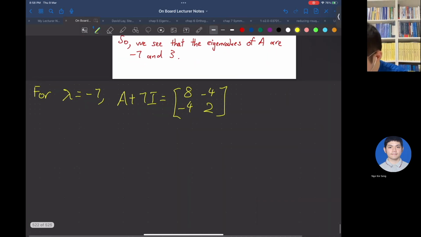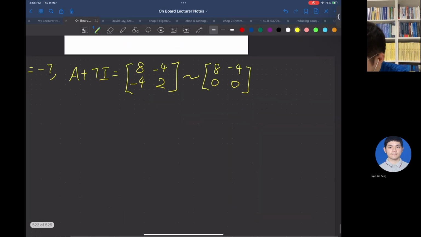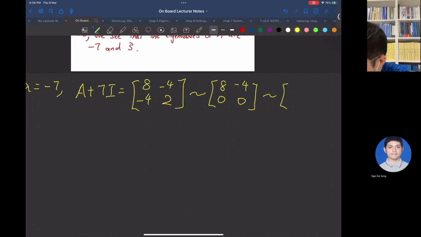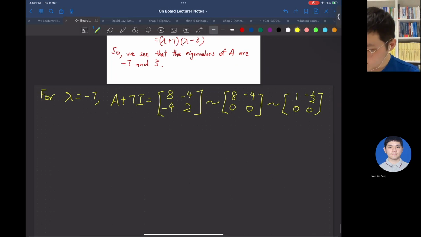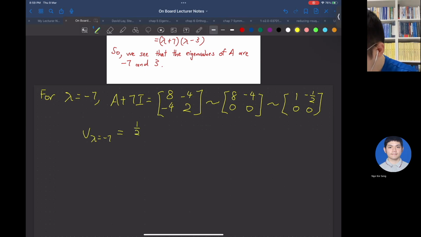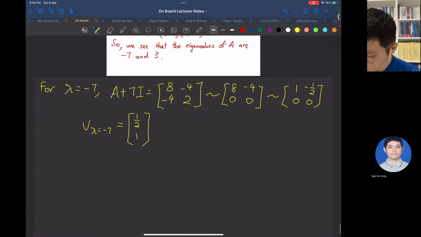Then we'll try to row reduce this, which we then get 8, minus 4 and 0, 0. After further row reducing, we'll get 1, minus a half, 0, and 0. All right. So the eigenvector for lambda equals minus 7 is 1/2 and 1.